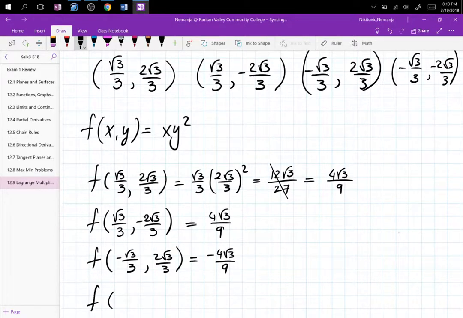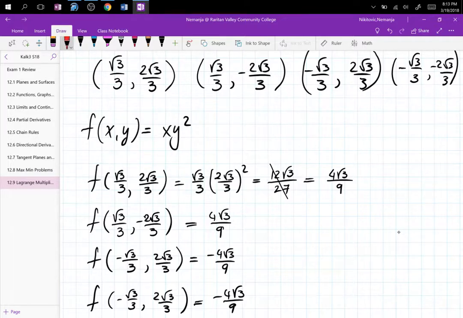And the last one is also negative. So, max, max, min, and min.